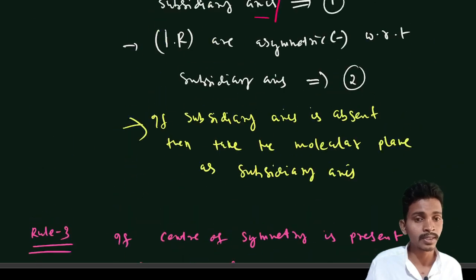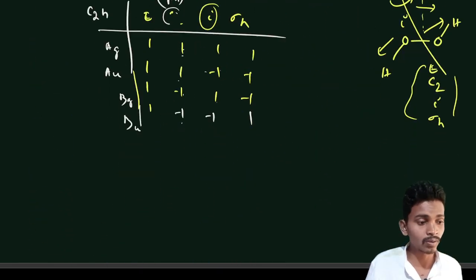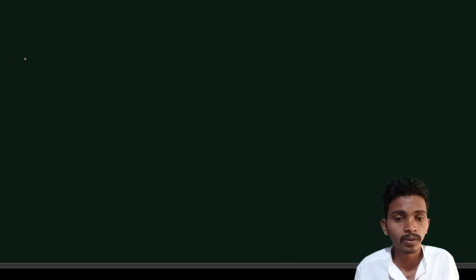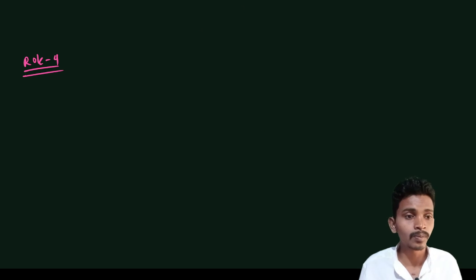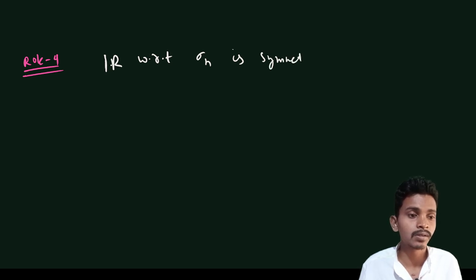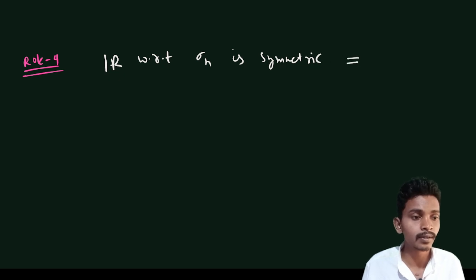Okay, and let's discuss the last rule, that is, the 4th rule. Rule number 4. What does rule number 4 say? If the irreducible representation with respect to sigma h is symmetric, then we will get one symbol.